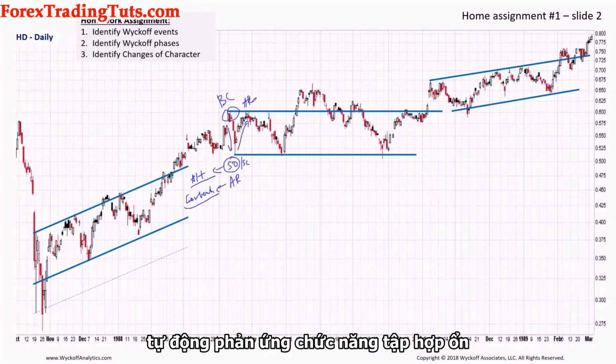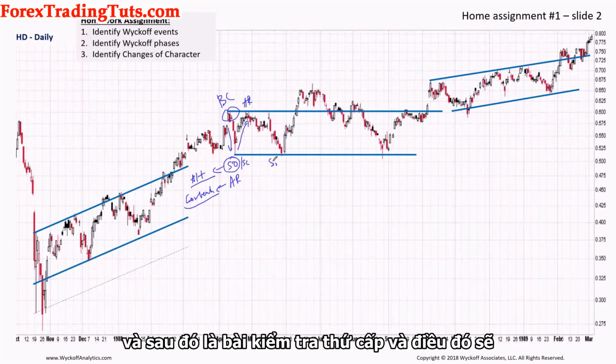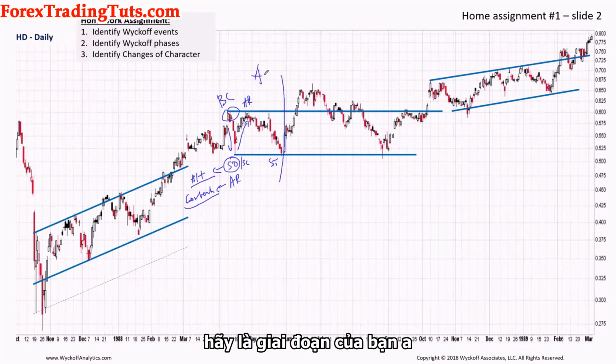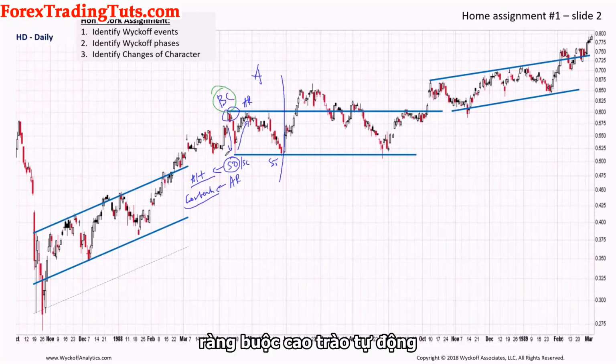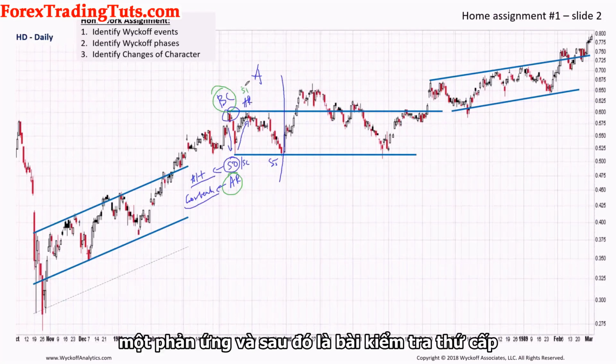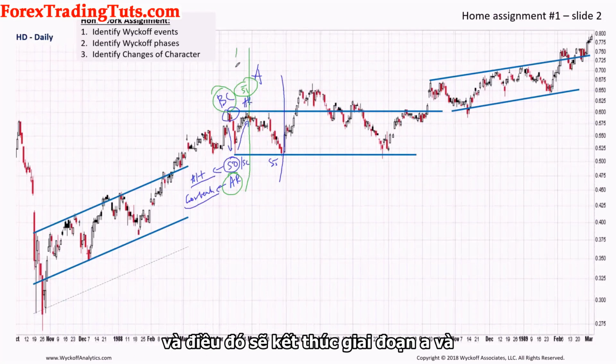Automatic reaction. Rally, okay, and then secondary test, and that would be your phase A. In the more conventional labeling, you'll have buying climax, automatic reaction, and then the secondary test, and that would conclude your phase A. And that would be the only difference.